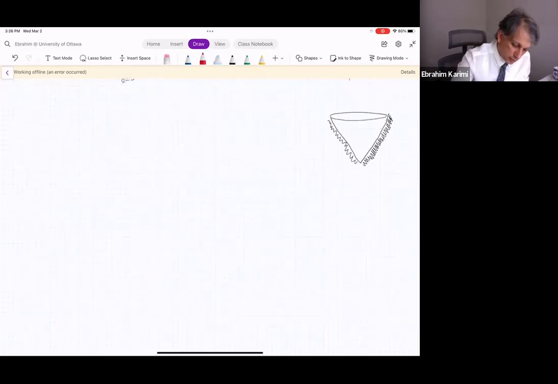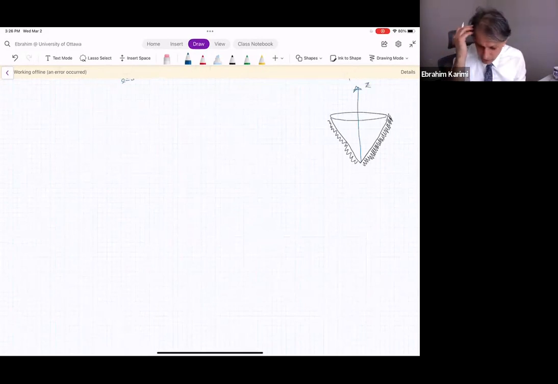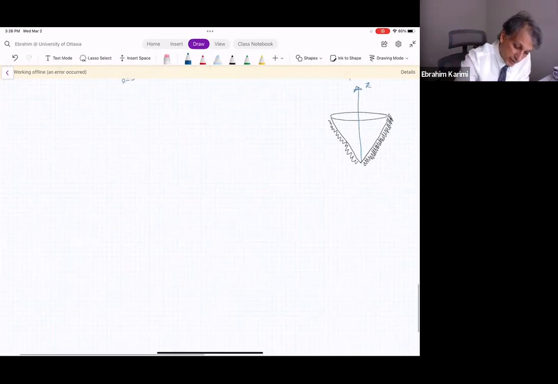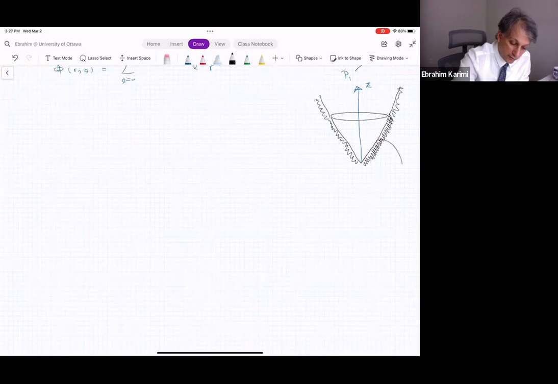I choose my coordinates in such a way that it will be aligned like this, so that is the z-axis. It's way easier. You can choose any direction that you want, but this is the best way to solve it. The cone goes to infinity, by the way, and it is a metallic one. I kept it at a certain potential of phi 0, the entire cone.